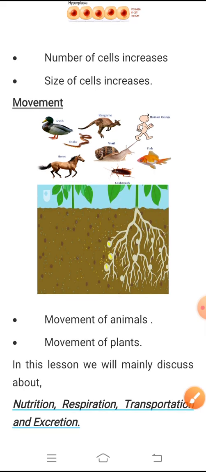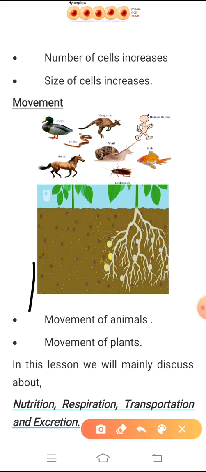With respect to all these things, we have seen that there are different life processes which together constitute any kind of living organism. If all these processes are happening inside our body, that shows an organism is living. If any of these life processes fail, then the organism faces certain problems, means they cannot perform the life processes in an appropriate way. Okay, so finally, we have come to the end of this topic.